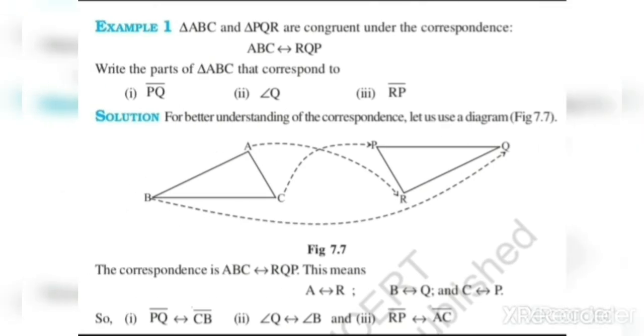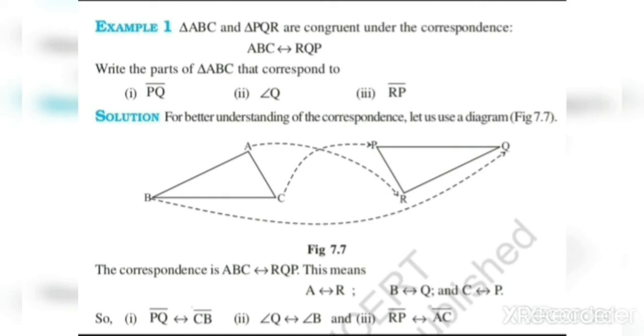Example 1. Triangle ABC and triangle PQR are congruent under the correspondence ABC and RQP. Remember, ABC and RQP. Write the parts of ABC that correspond to these three conditions.